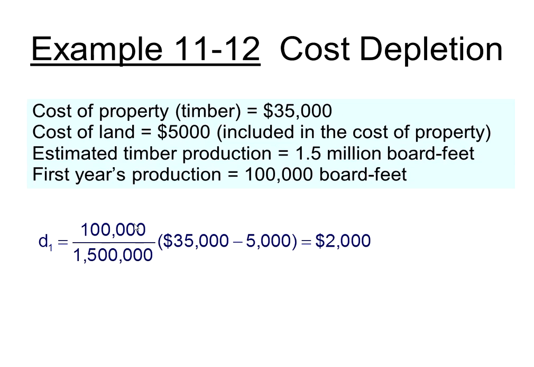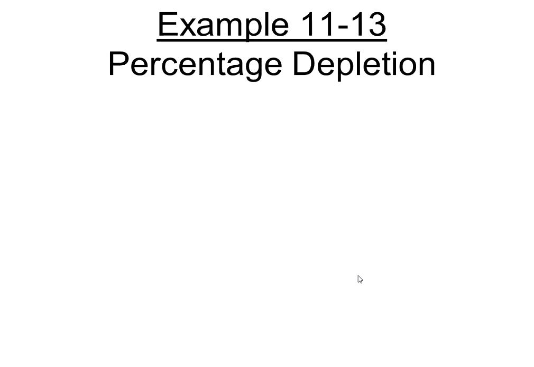And like I said, from 35,000, which is the total property cost, we exclude the cost of the land, because the land has an indefinite life. So that's 30,000, and multiplying by this fraction gives us 2,000. That's the depletion amount using the cost depletion method for year one.